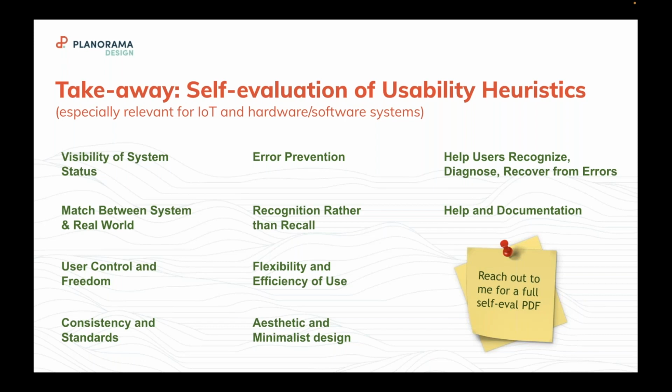But there are times where you need to provide that assistance, and so again, building that in purposefully into the application is very important. And so again, if you reach out to me, I'll be happy to send over a self-evaluation PDF so you can look at your own software and evaluate how it measures up to these common heuristics.